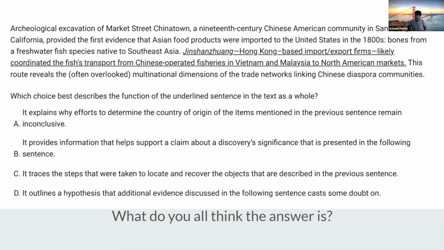So one thing to do also is never skip over anything that's in parentheses. It could be useful to the context, to what you can get from the text. So which choice best describes the function of the underlined sentence in the text as a whole? You'll see a lot of craft structure questions follow that kind of phrasing: which choice best describes the function of the underlined sentence.